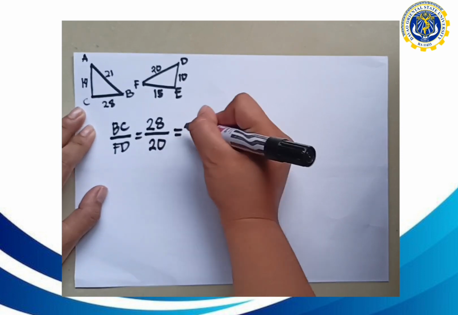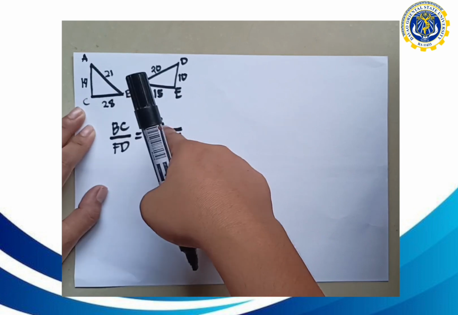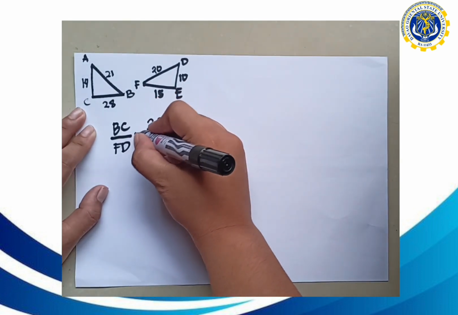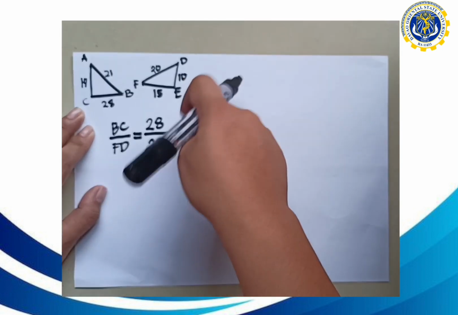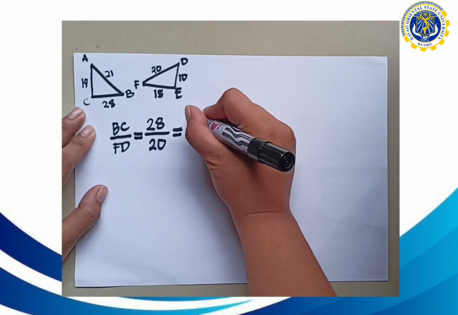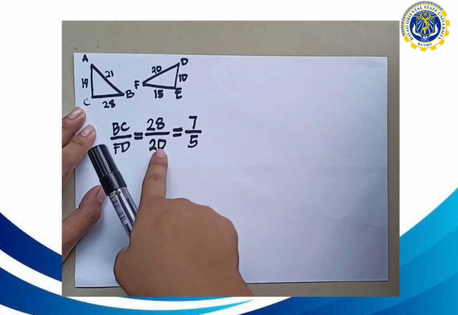Then all you have to do is reduce this number. To reduce it, we have 7 over 5.